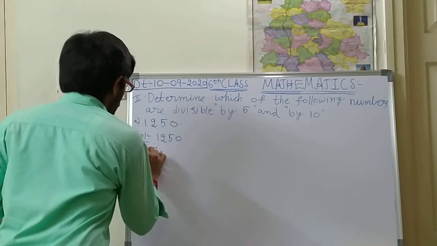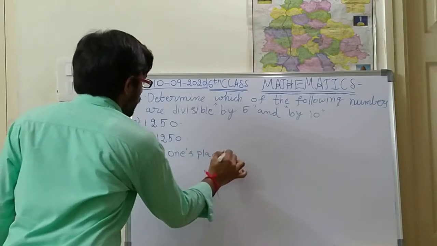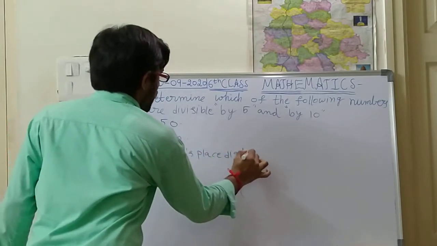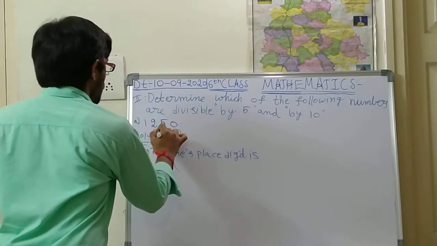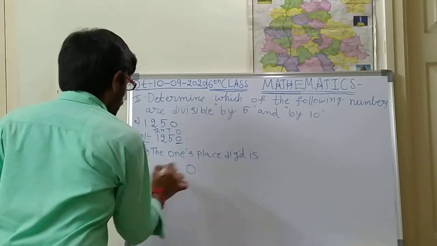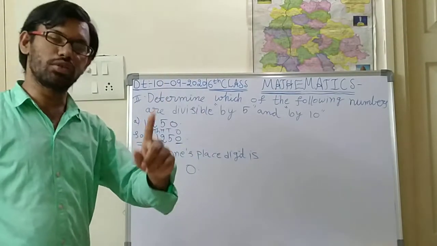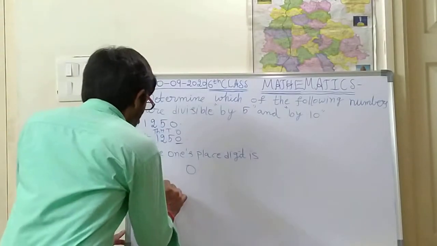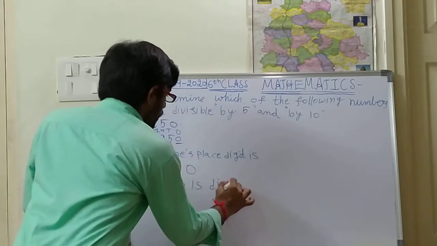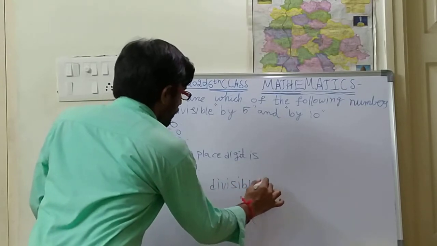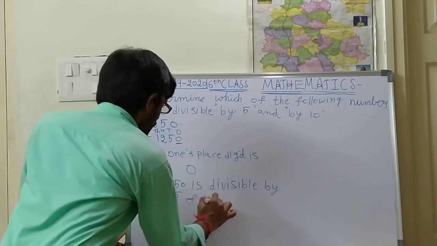Now the ones place digit, what is the ones place digit, children? Ones, tens, hundreds, thousands. The ones place digit is 0. Therefore 0 satisfies the divisibility rule of 5 and the divisibility rule of 10. So 1250 is divisible by 5 and by 10.